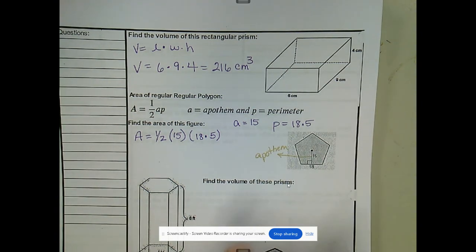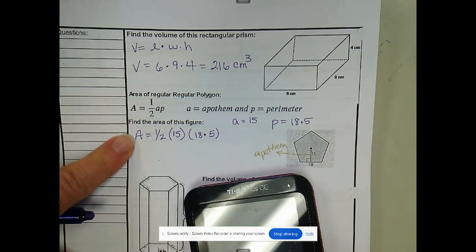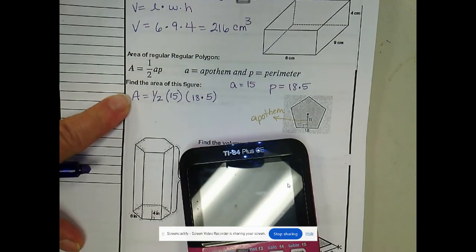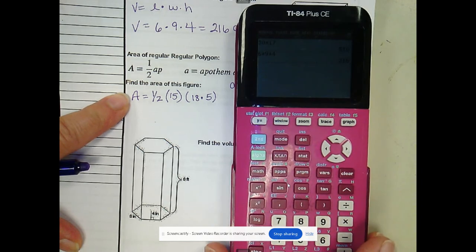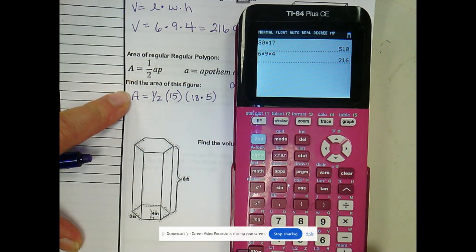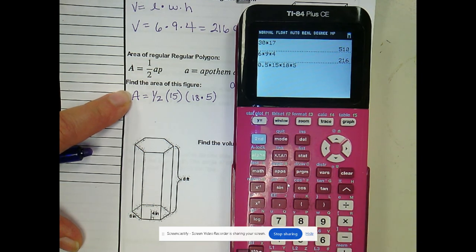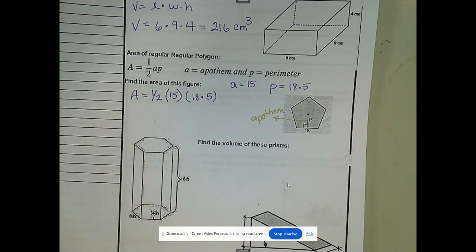So if you notice, I don't even try to simplify anything. Now I can either multiply by 1/2 or multiply by 0.5 or divide by 2 when I get done multiplying, and I will still end up with the correct answer. So 0.5, that is the decimal representation of 1/2, times 15 times 18 times 5 is 675.